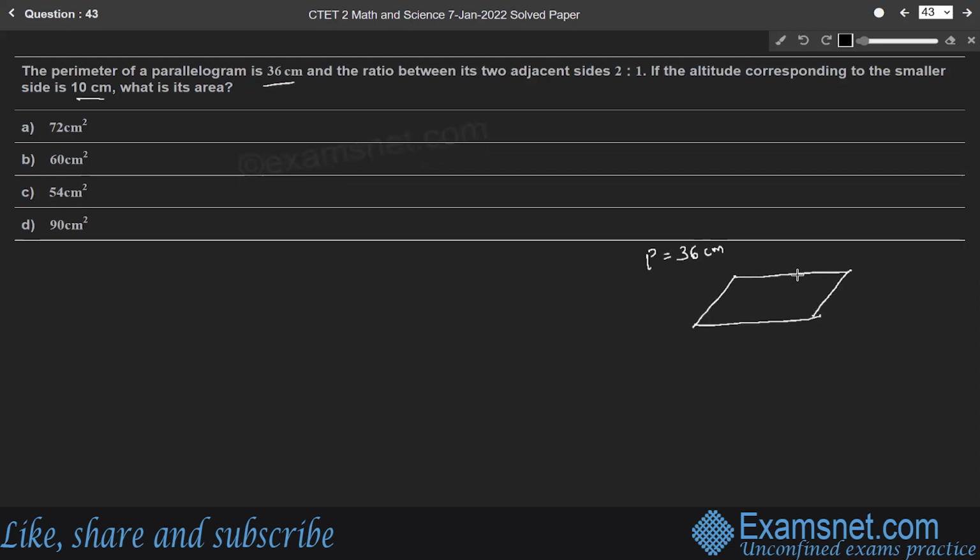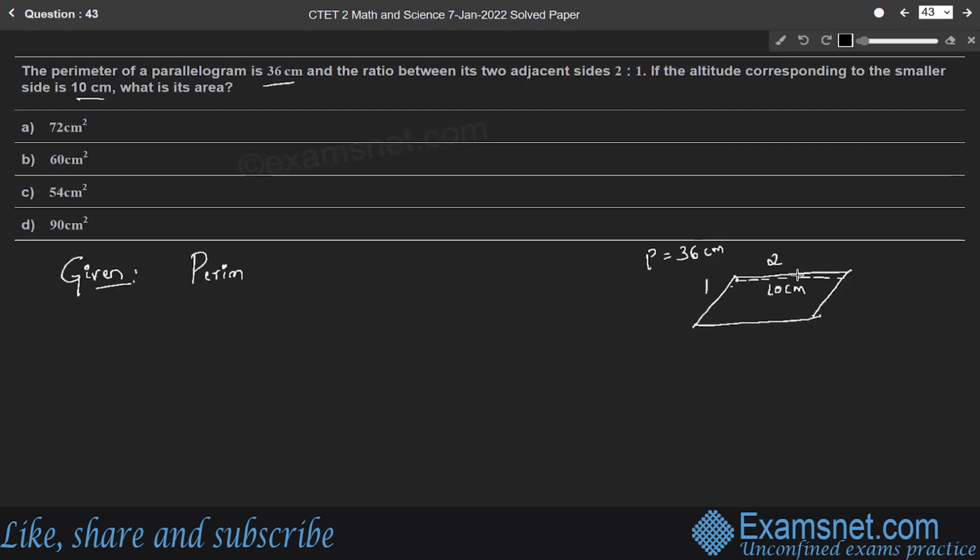Ratio between its two adjacent sides is 2:1. And the altitude corresponding to the smaller side is 10 centimeter. So corresponding to this side, the altitude is 10 centimeter. So its area.